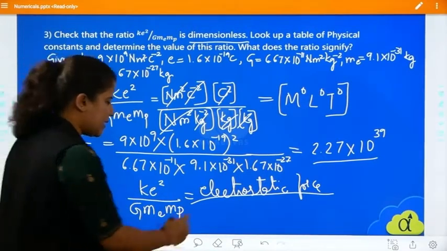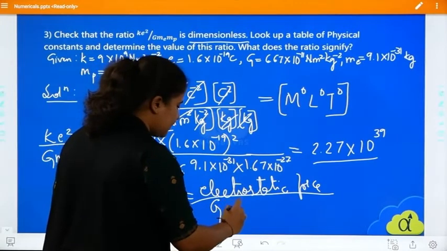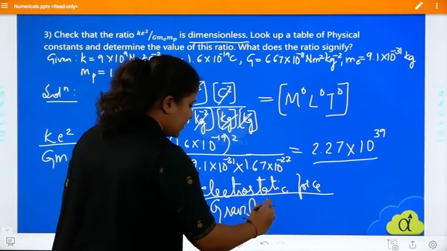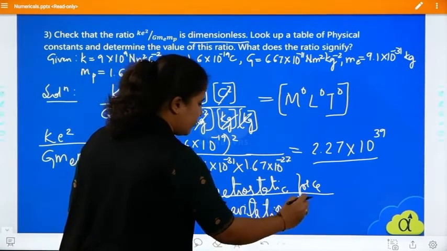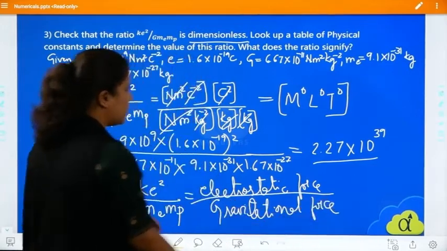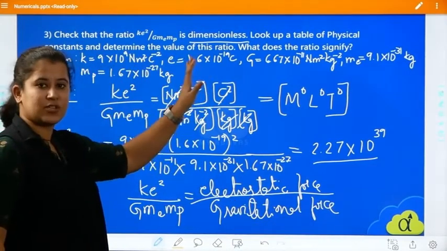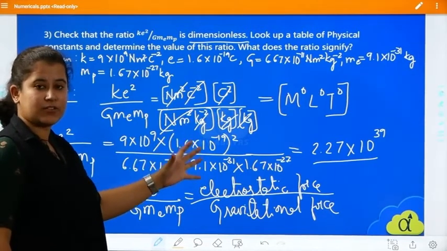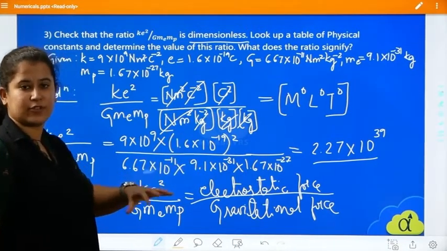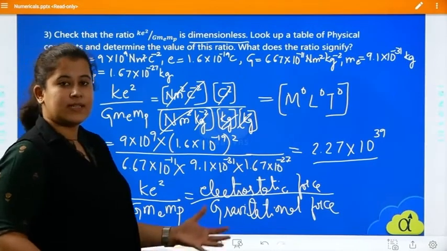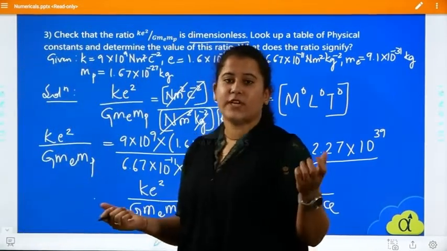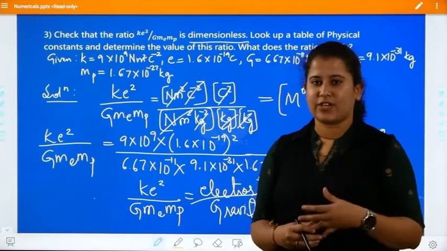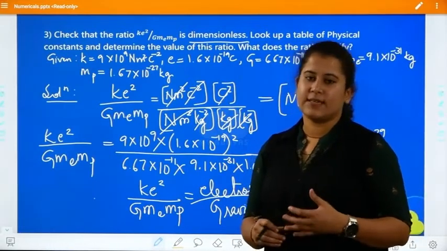So it is nothing but a gravitational force, right? So what does the ratio signify? The ratio gives us the value of the electrostatic force to the gravitational force. So this is the third numerical.